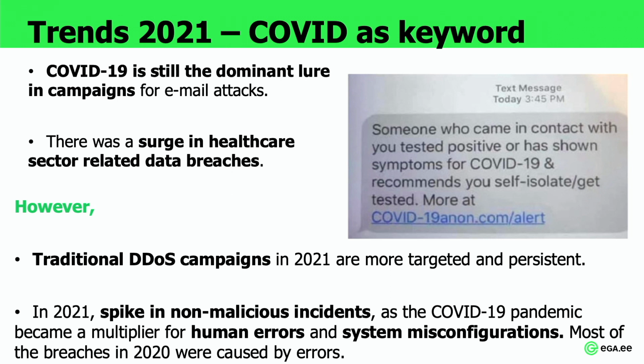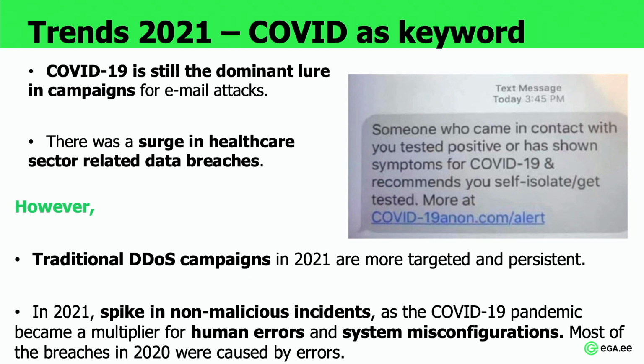What it means is that you might get different messages where the title is something with COVID, just to get your attention so that you would open them. Also, COVID has influenced the targets: the healthcare sector has been a target for cyber criminals.